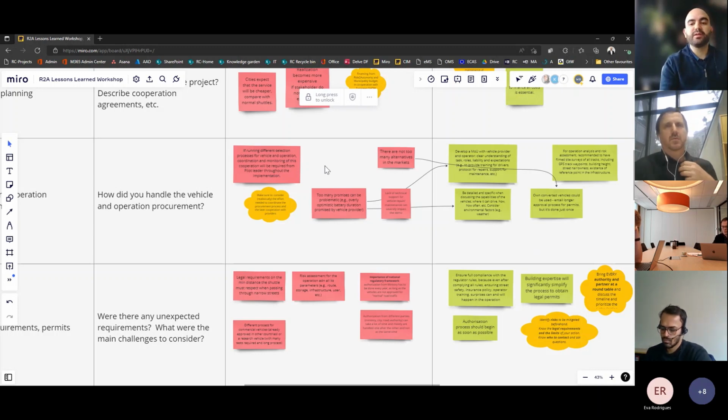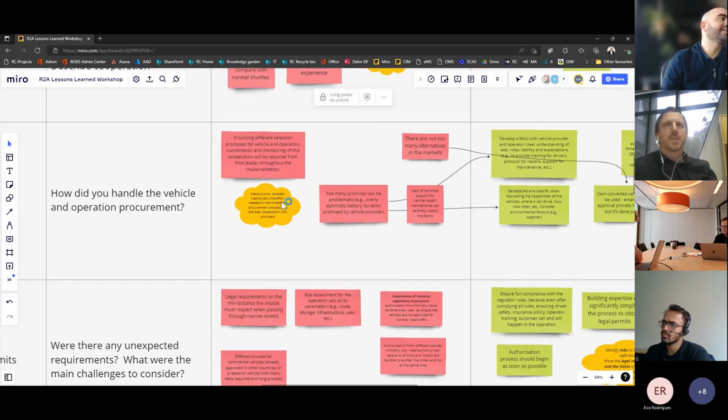So make sure to realistically consider the effort to coordinate that, and also the procurement process, which can really take a long time and a lot of effort, and sometimes it hasn't been taken into account by some partners.